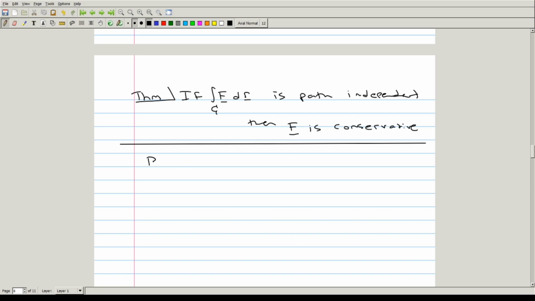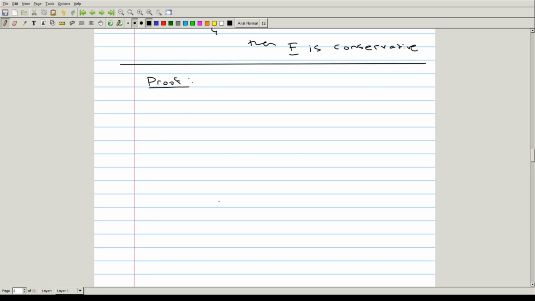And we'll start the proof by considering a picture of our region, some region in 3D where inside this region we're saying that f is path independent.